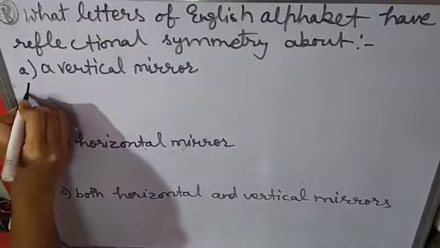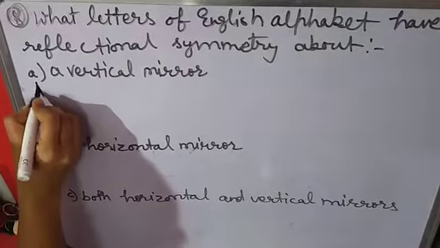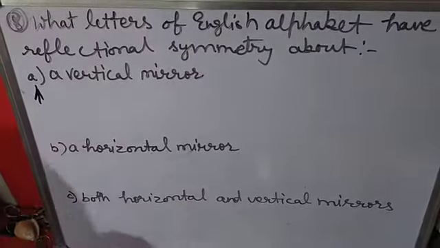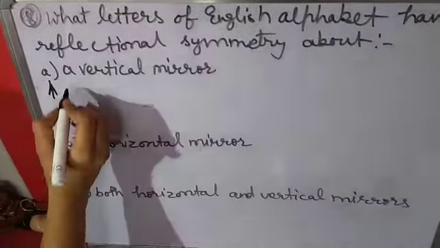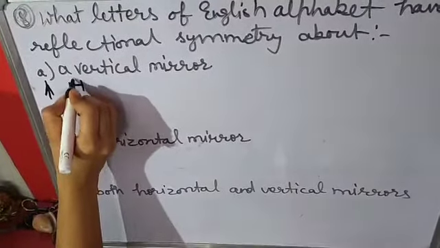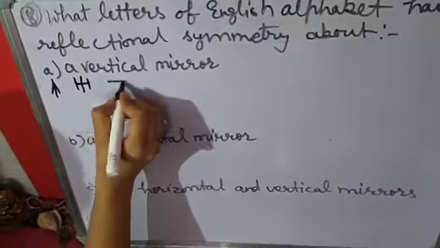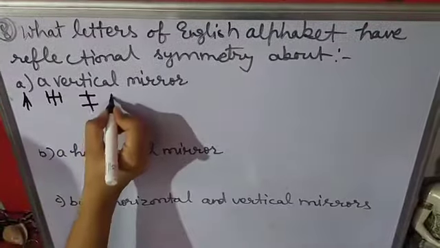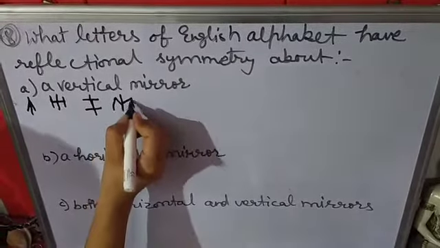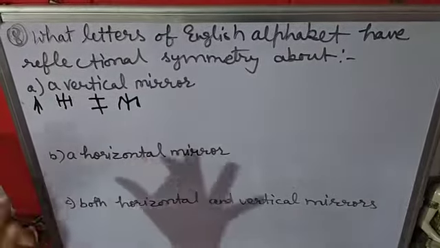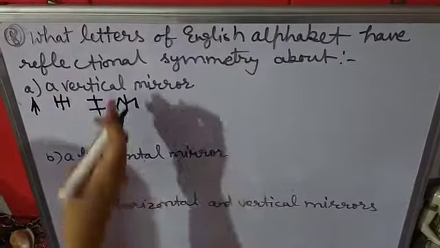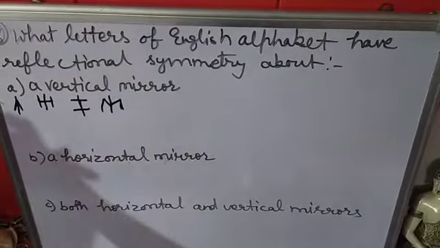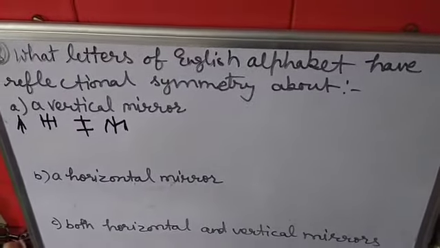First is A. We can draw vertical line. Then after A there is H. Okay. Then I, M. You can write name. You can write only letters also, or you can draw symmetry lines also. Okay. A, H, I, M.